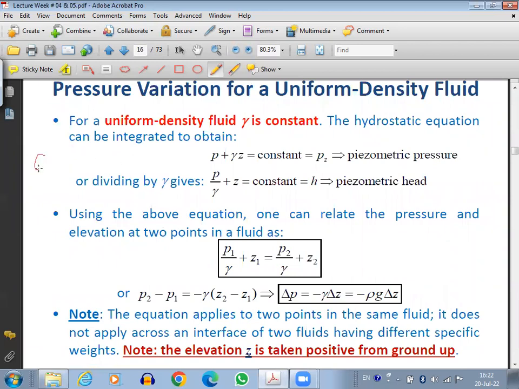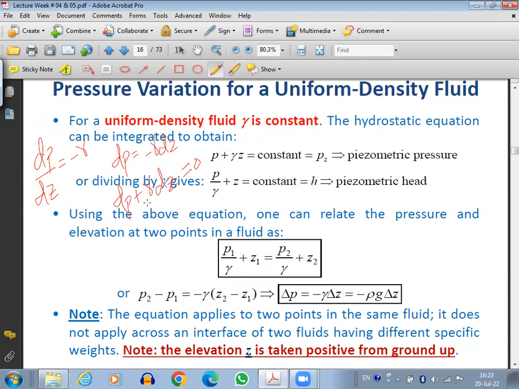So we have dP by dz equals negative gamma. Or I can write dP equals negative gamma multiplied by dz. Or I can write dP plus gamma dz equals 0. Right?